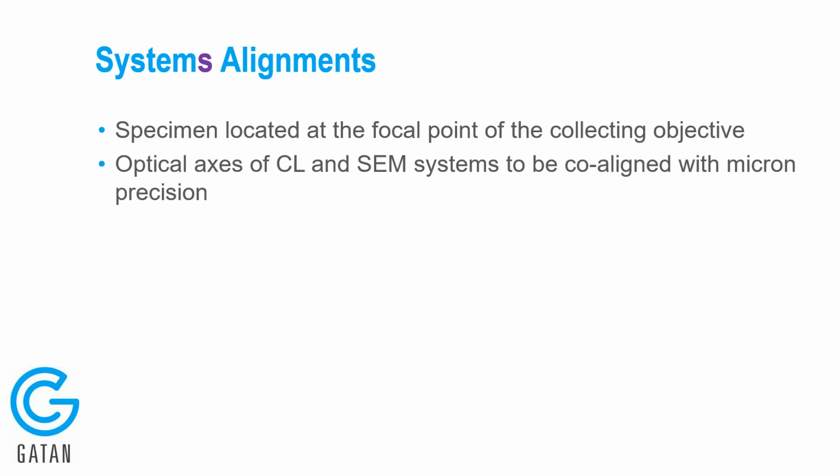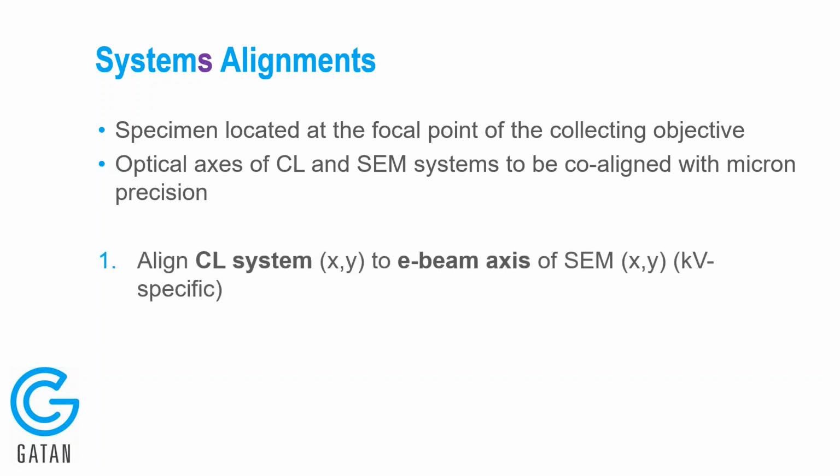The specimen needs to be located at the precise focal point of the collecting mirror, and the optical axis of the CL mirror, or the CL system as a whole, and the SEM need to be co-aligned with pretty much micron precision. So we need to align the CL mirror in X and Y to the scanning directions of the electron beam axis.